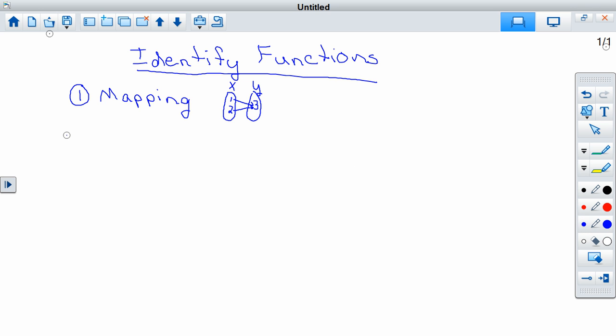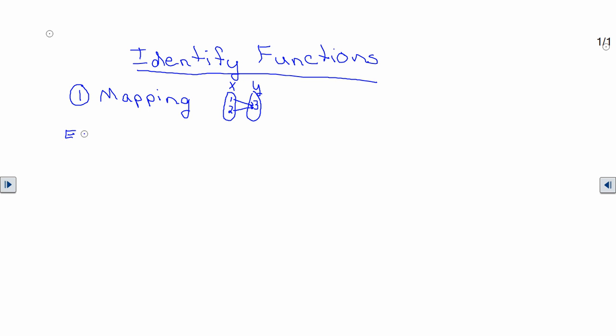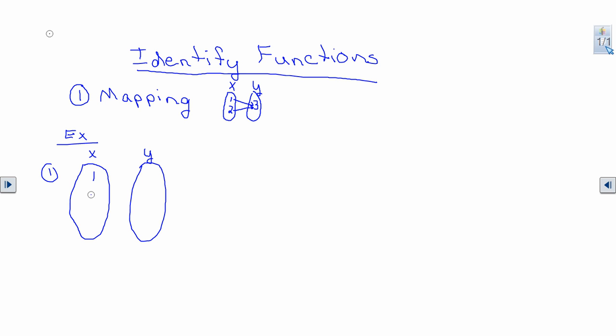Alright, so as some examples, let's do X and Y. Let's say 1, 4, 7.